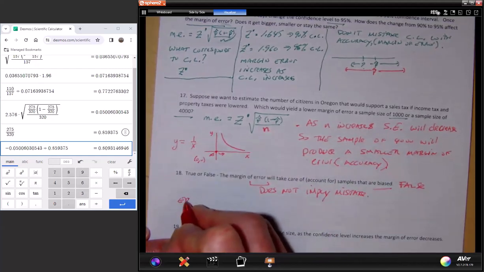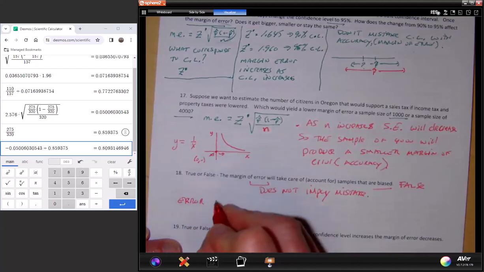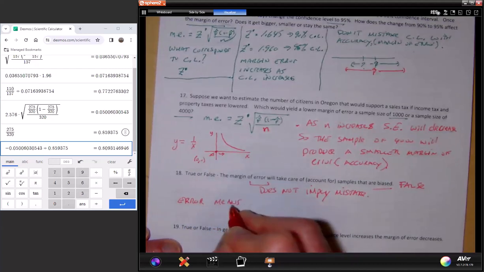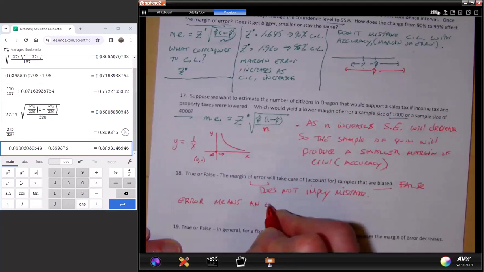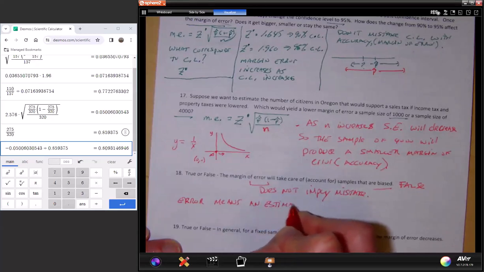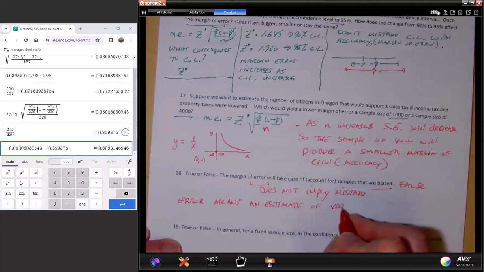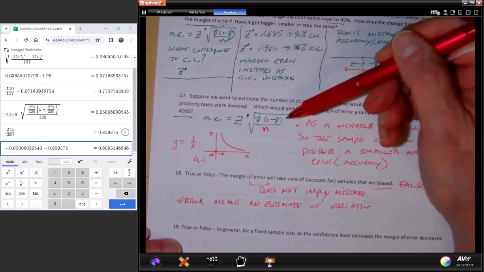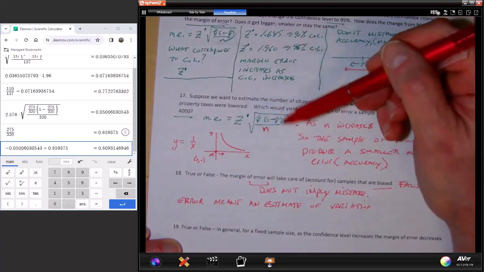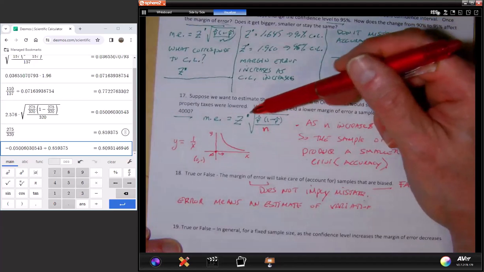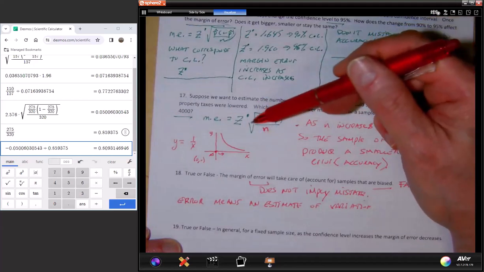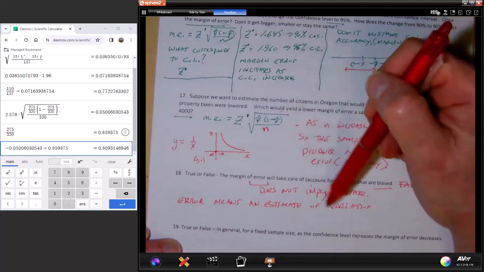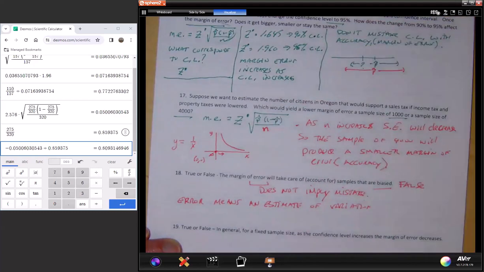Error means an estimate of variation. After all, this formula here has the standard error. So the margin of error, of course, has to have the word error because it's using an approximation for the standard deviation, an estimate of variation. So that's all the error means.